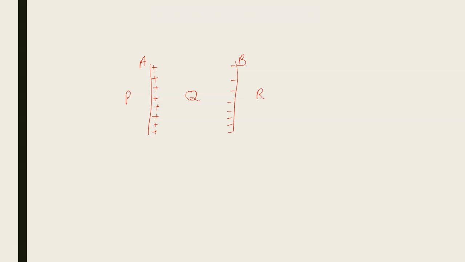Also remember, in my last video lecture I calculated the electric field intensity due to a single positive sheet of charge. The result was E equals sigma by 2 epsilon naught. Now what is sigma? Sigma is surface charge density, and it is equal to charge per unit area.